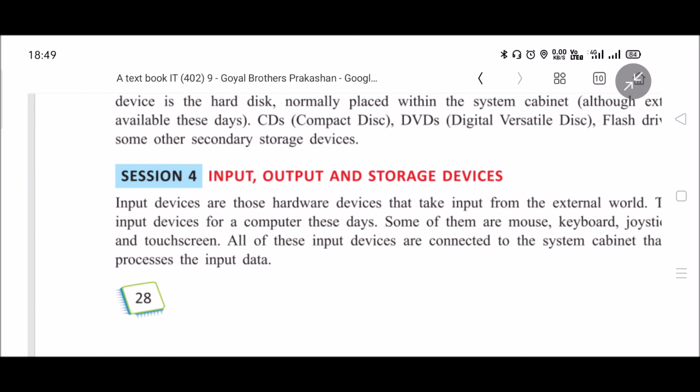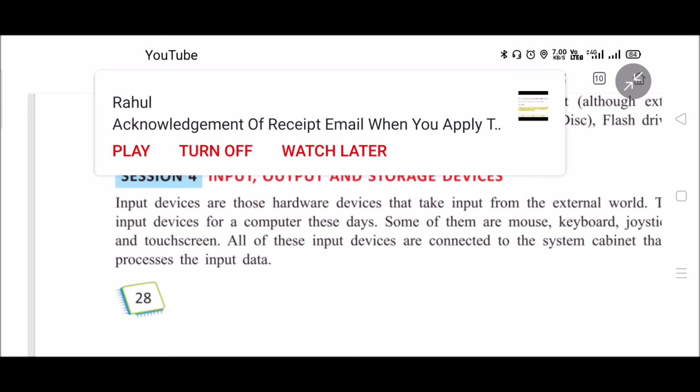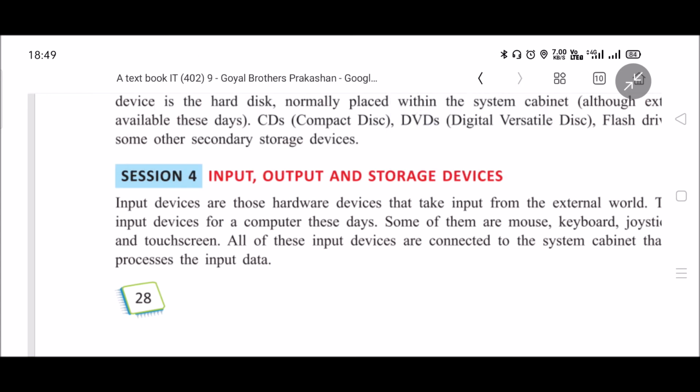There are quite a few input devices for a computer. These days, some of them are mouse, keyboard, joystick, scanner, light pen and touch screen. All of these input devices are connected to the system cabinet that takes the input and processes the input data.